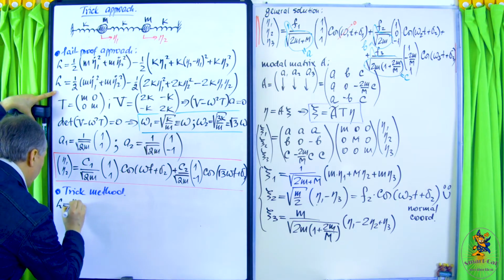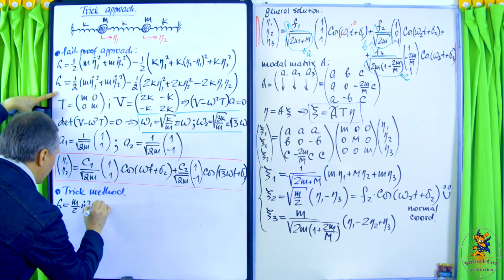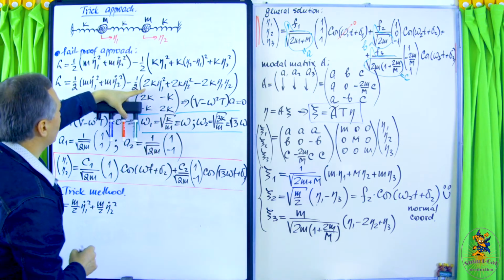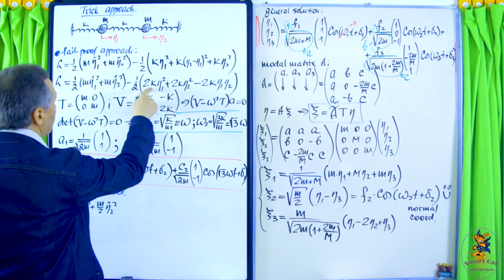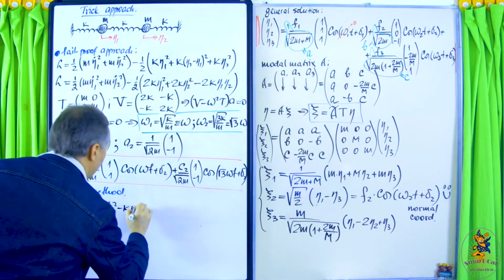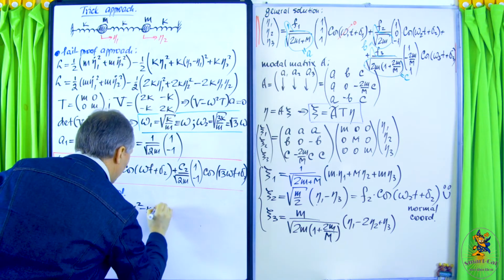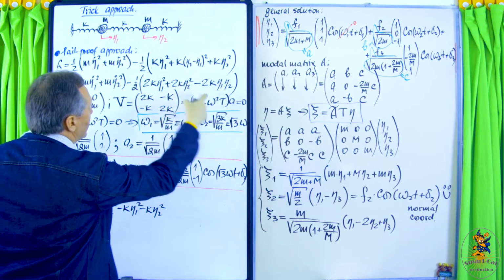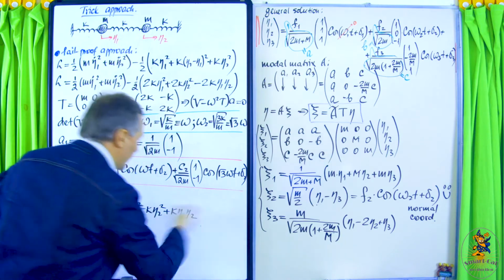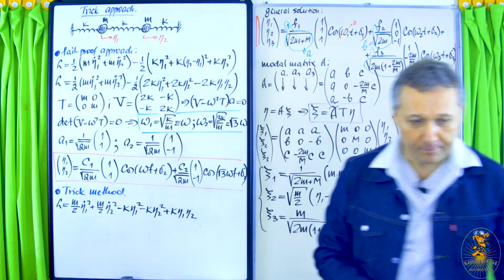So it will be m over 2 eta 1 dot squared plus m over 2 eta 2 dot squared, minus k eta 1 squared, minus k eta 2 squared, and then plus k eta 1 eta 2. This is the simplest form from the mathematical point of view.